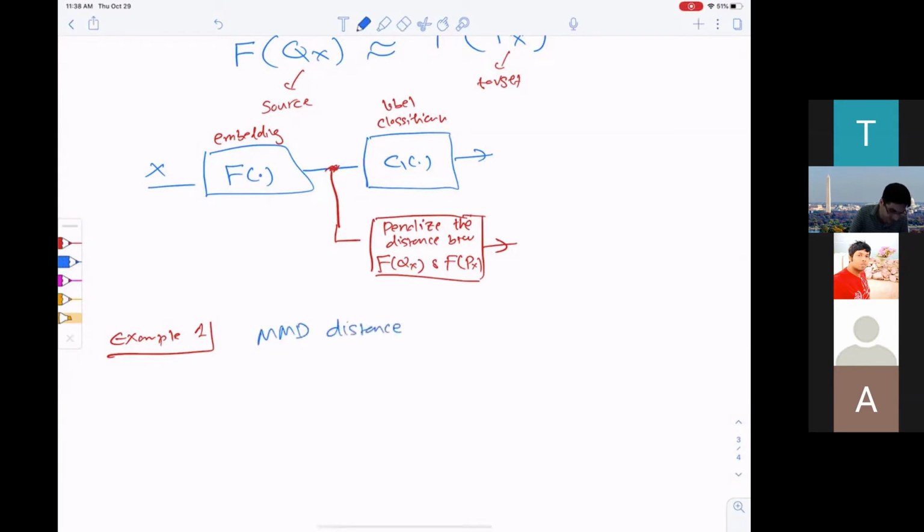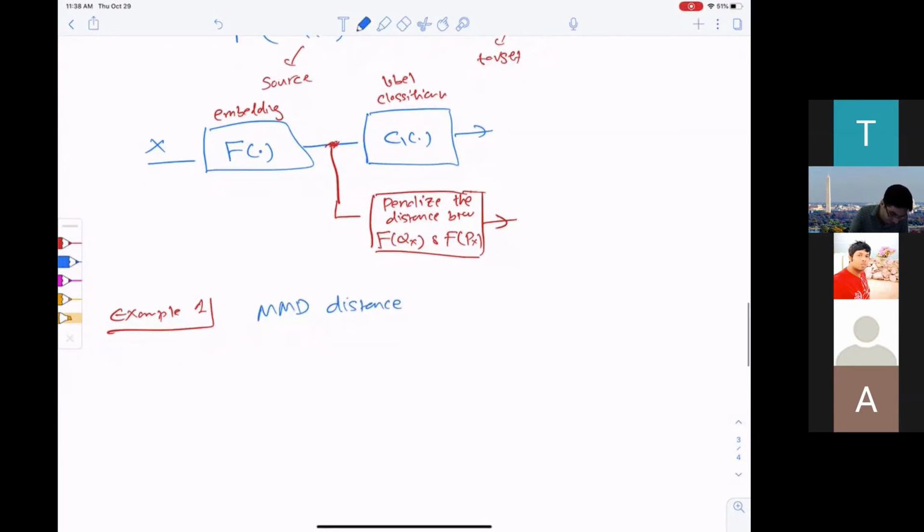MMD distance is the maximum mean discrepancy distance.